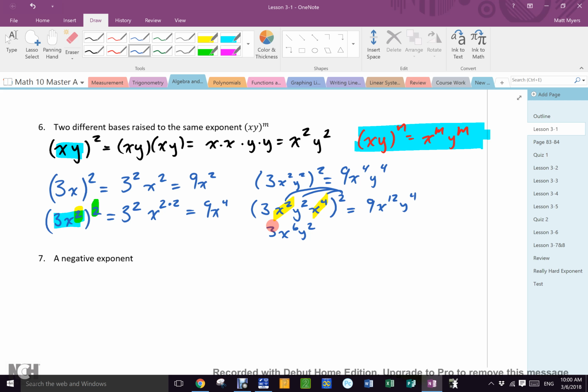2 to the negative 1. I don't know what that means. It doesn't make any sense. But use your brain. What is the logical thing to do here? Divide by 2. What is 1 divided by 2? 1/2, right?